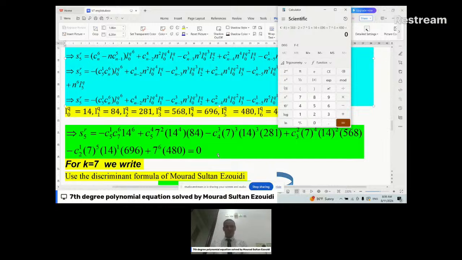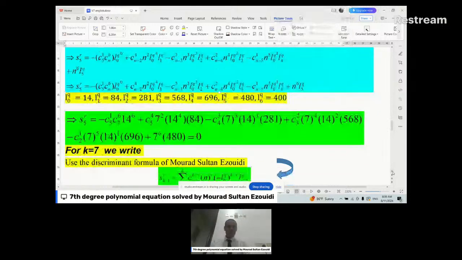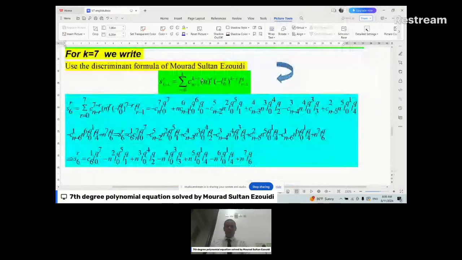We continue, learners. Now we should find the value of a7. In my discriminant formula, the part colored green, I'm going to put k equals 7. S7 minus 1 is S6.